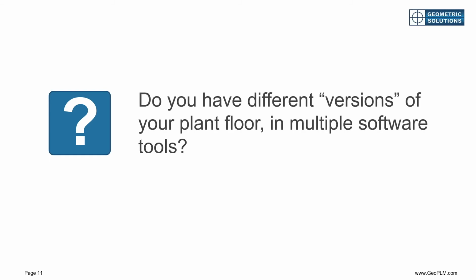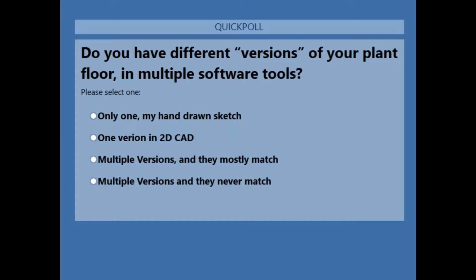So that comes up with a poll question here. Madeline? Do you have different versions of your plant floor in multiple software tools? Go ahead and pick your answer, and we encourage everybody to please participate.